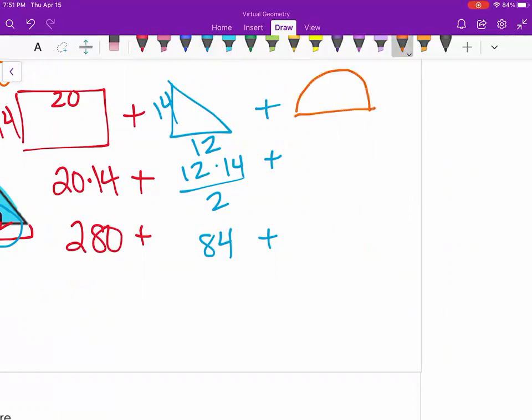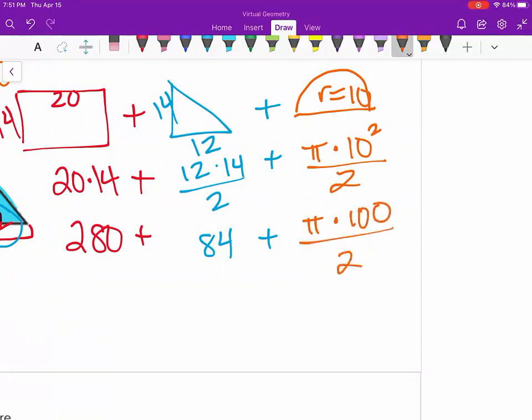So now we're going to do the dome. Again, our radius was a 10. So pi times 10 squared. And remember, since I have half of a circle, I'm going to have to cut that in half. So we're going to leave the pi where it is for the moment. 10 squared is 100, and all of that will be over 2.